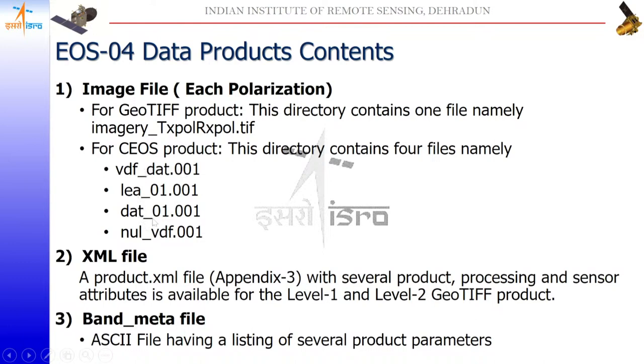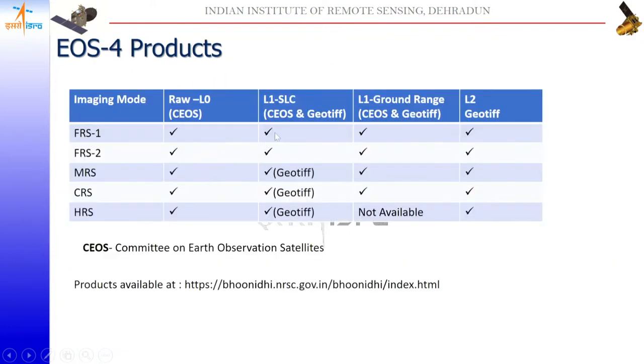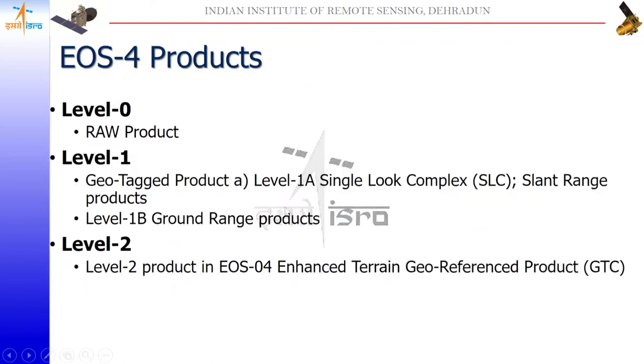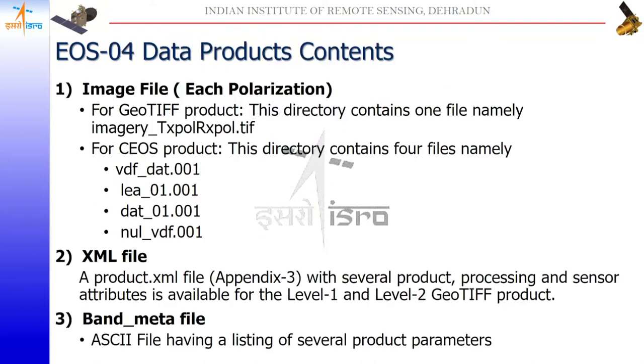You have to order your L1 or L2 data, whichever product you want. Mostly the GeoTIFF product is available. Here in this table you can see that for this one both GeoTIFF and COS are available, and here GeoTIFF is available for this mode. So you have to choose which data you want to order.